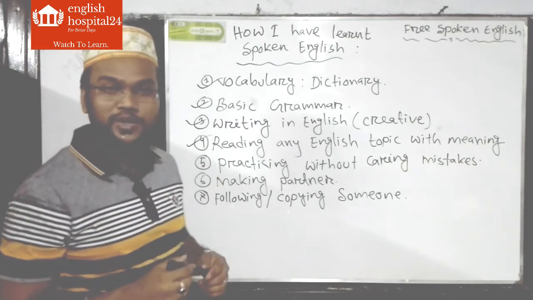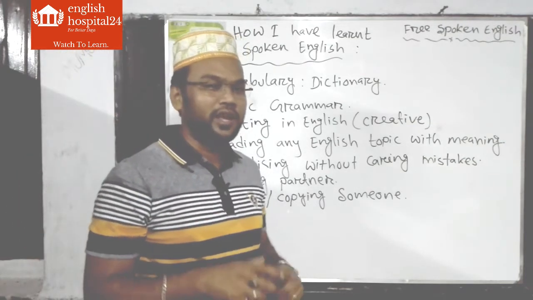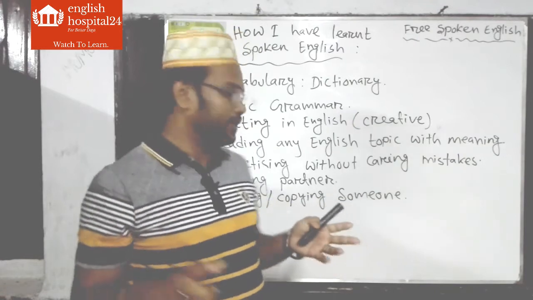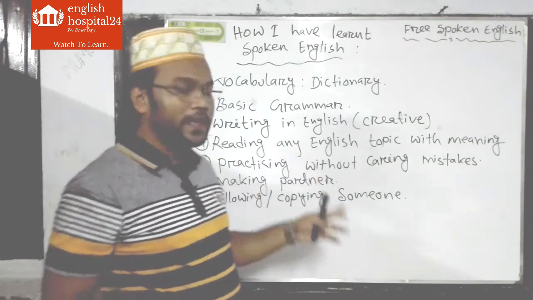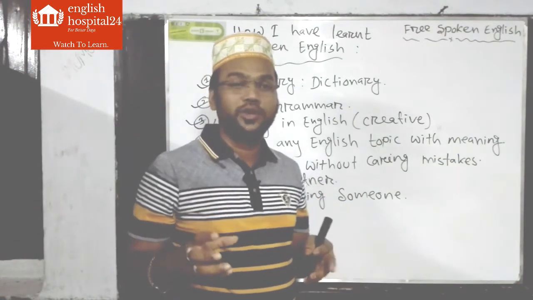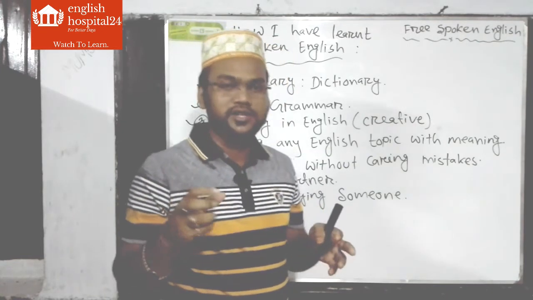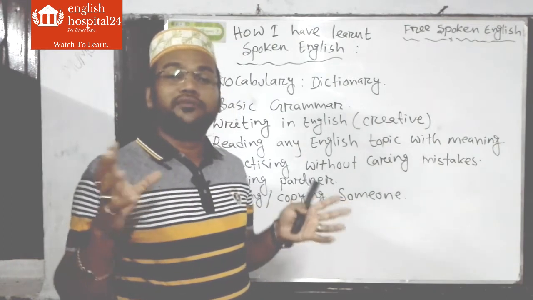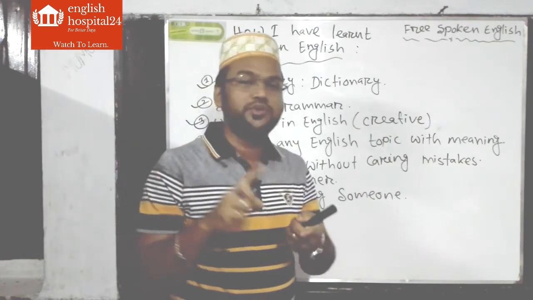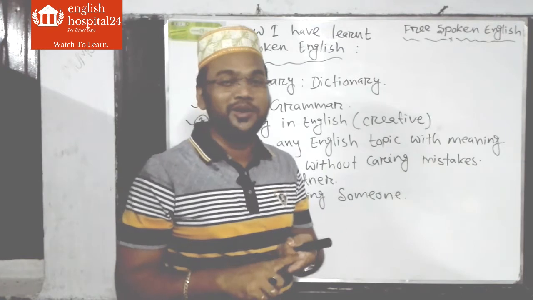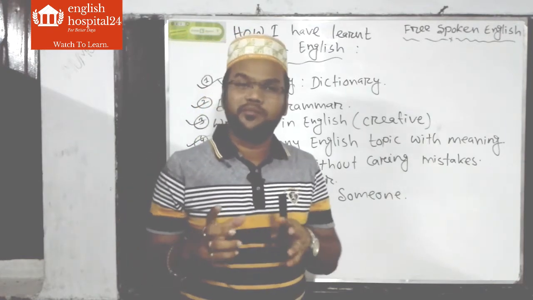Then number 4, reading any English topic with meaning. That's the main point to enrich your vocabulary. If you read anything in English with the meaning in your mother tongue, it will be permanent in your mind, because if you cannot relate the second language with your mother tongue, that learning will never be permanent.